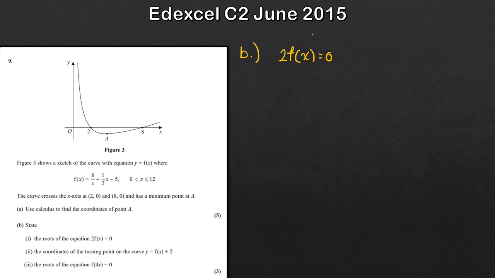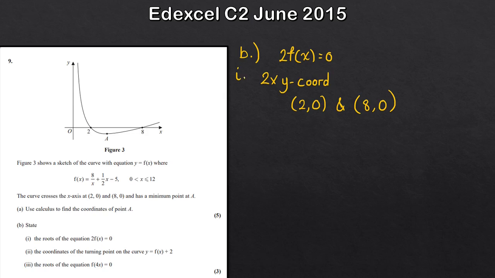When you've got f of x and you times it by a constant like this, we times the y coordinate by 2. But because the y coordinate for the roots is equal to 0, at (2, 0) and (8, 0), we just get the same points. We just get (2, 0) and (8, 0).